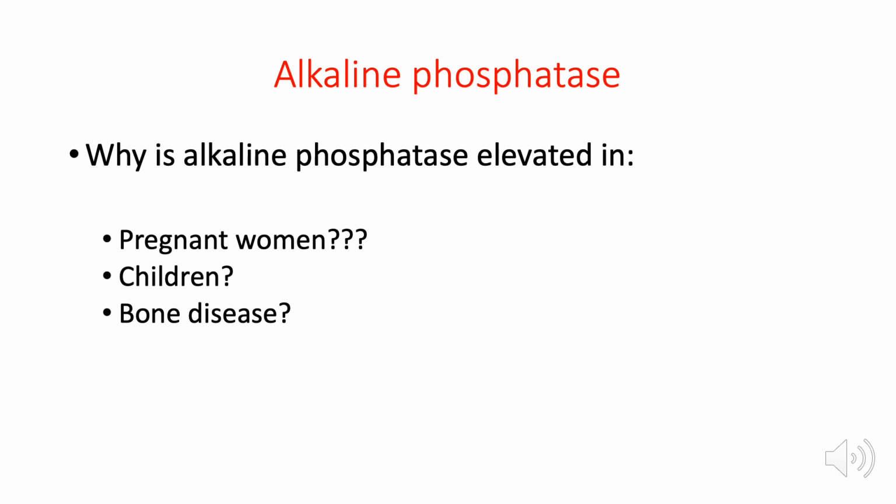Because if the bone is destroyed, the bone will try to repair itself by activating the osteoblasts, and osteoblasts will produce high amounts of alkaline phosphatase. So the problem with alkaline phosphatase is that, yes, it can be used to diagnose bile duct obstruction, but it can also be elevated in other conditions.